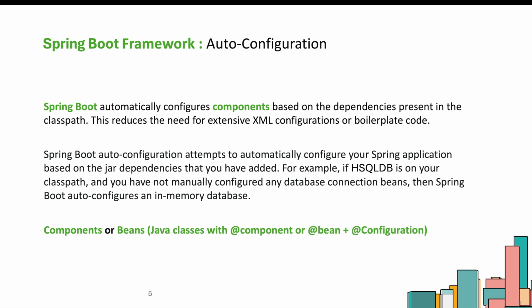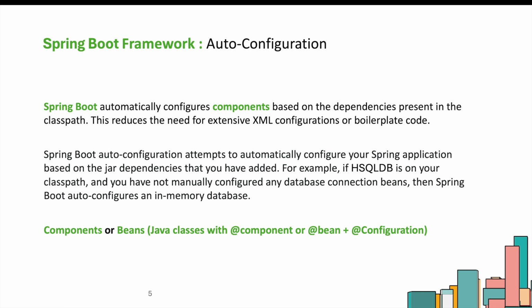Auto configuration is a feature. When you run the Spring Boot application, it will check the components, create objects for those components, and make them available in the Spring container.